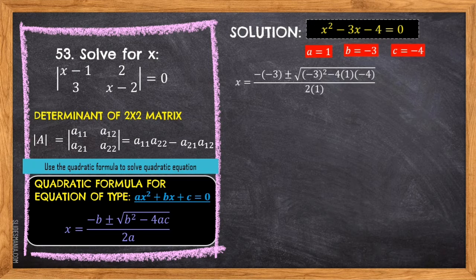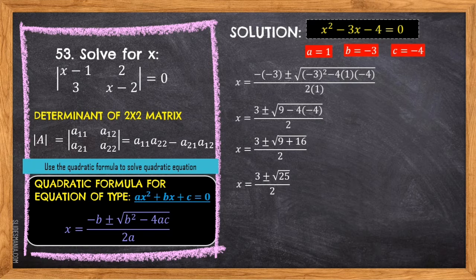Then, by substituting the given values of a, b, c into the formula, x is equal to negative times negative 3 plus or minus the square root of negative 3 squared minus 4 times 1 times negative 4, all over 2 times 1, which is equal to 3 plus or minus the square root of 9 minus 4 times negative 4, all over 2, which is equal to 3 plus or minus the square root of 9 plus 16, all over 2, which is equal to 3 plus or minus the square root of 25, all over 2, which is equal to 3 plus or minus 5, all over 2.